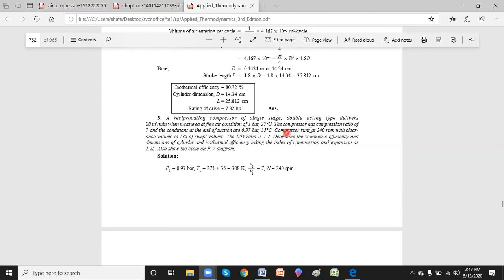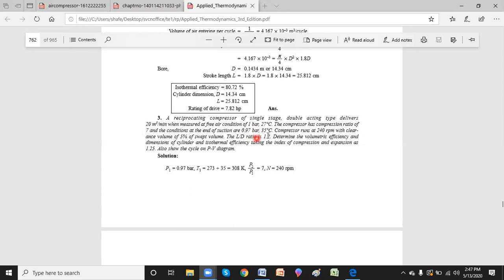Now the compressor has a compression ratio of 7. What is the compression ratio? It is compressing from pressure P1 to P2, where P2 by P1 is 7. So the pressure ratio is 7. The conditions at the end of the suction are 0.97 bar and 35 degrees centigrade.